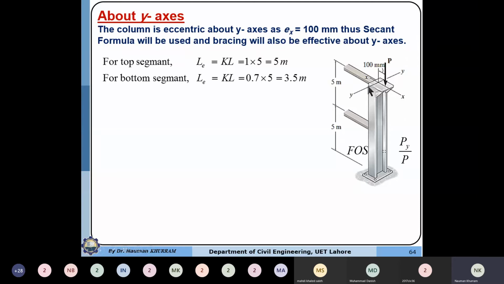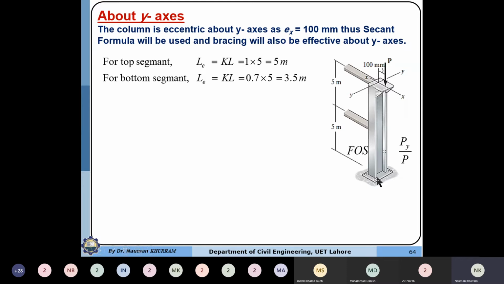Okay, for the top segment, this point is considered as simply supported, and this point is also considered simply supported because a bracing point is considered as simply supported. For the top segment, effective length will be K value 1 into 5, that will be 5 meter. And for the bottom segment, the bottom end is fixed and the bracing point is pin.